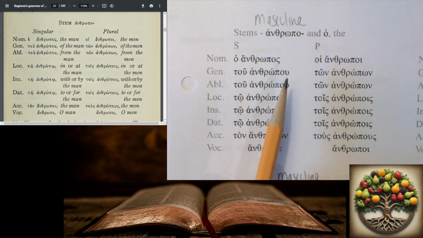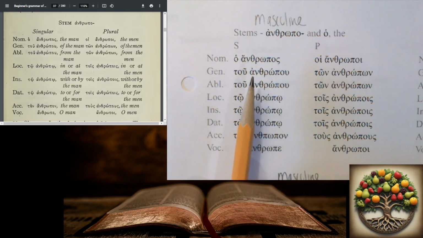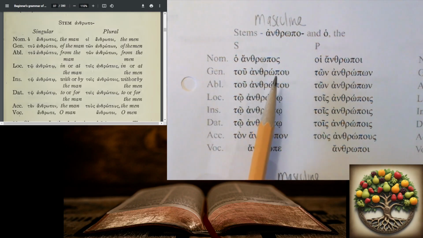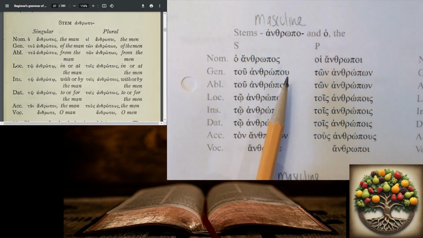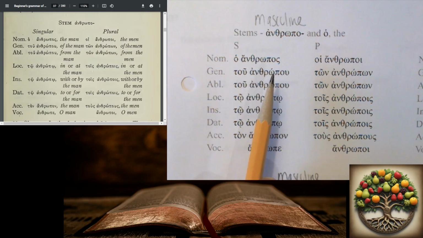And we're going to go through some of the accent rules shortly, but the acute accent cannot stand on the antepenult when the last syllable is long. So it is going to move over to the vowel in the next syllable, which here is the omega. So when you have an accent starting on the antepenult and the ultima becomes long, it is going to move over.